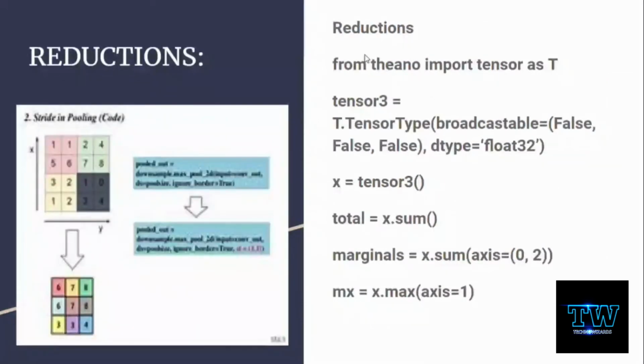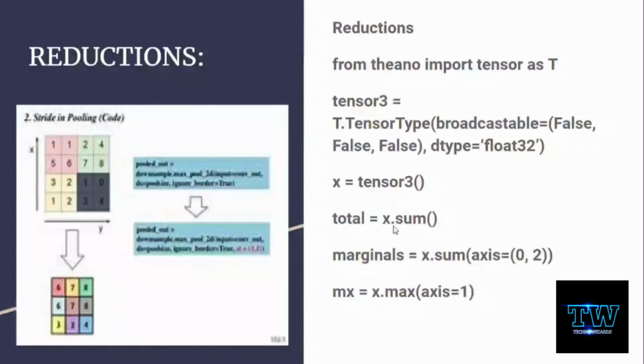Now reduction. Reduction is nothing but, you can see, we can have a matrix, and from the matrix we extract a few rows and columns, so that is called reduction. How can we do it in tensors? So let me see. Tensor 3 is a tensor type variable that is assigned, and then we are assigning tensor 3 to a variable x.